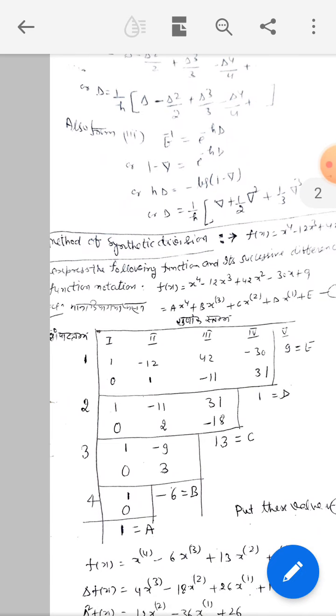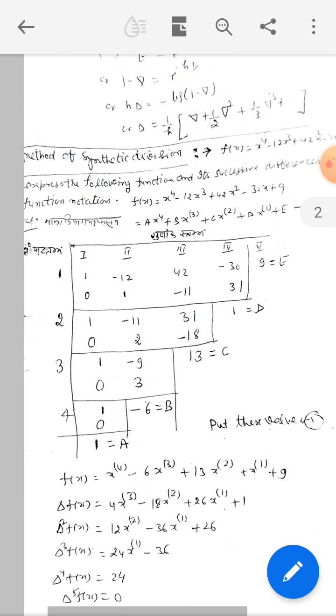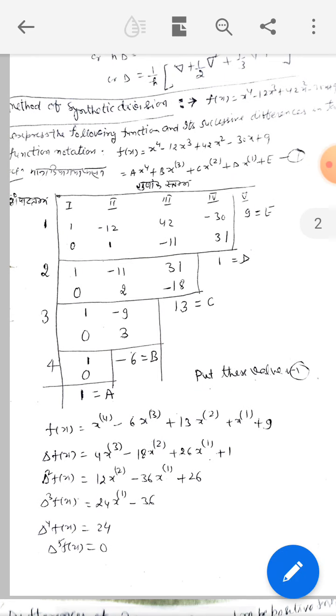Now we can write an equation in factorial function notation. This method is known as the method of synthetic division. Suppose f(x) is equal to x^4 minus 12x^3 plus 42x^2 minus 30x plus 9. This expresses the following function and its successive differences in factorial function notation.